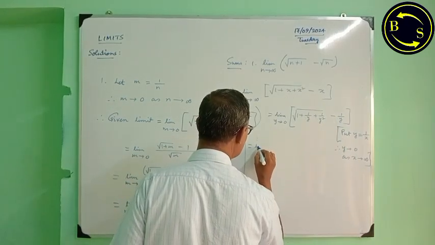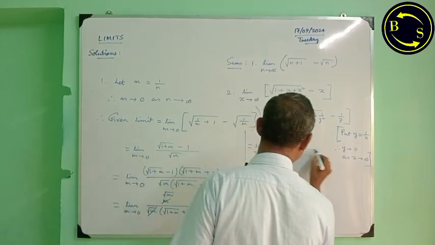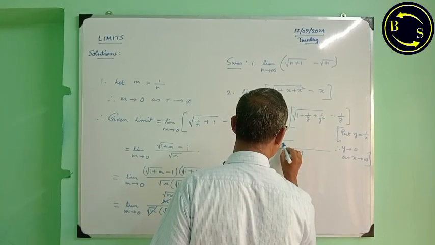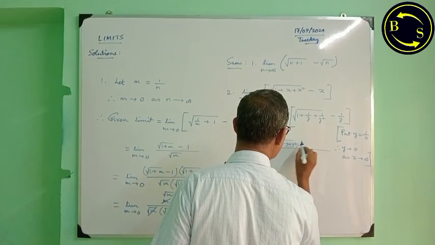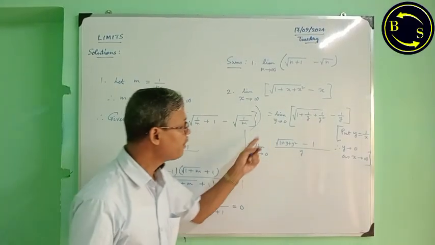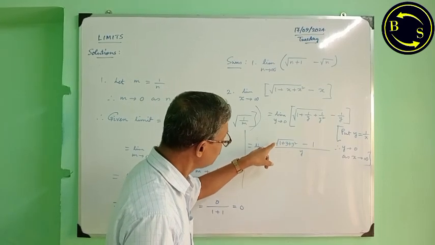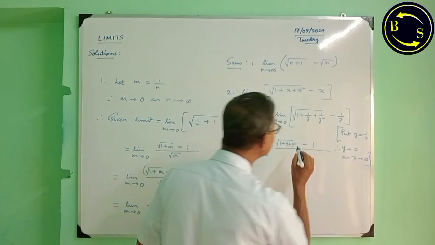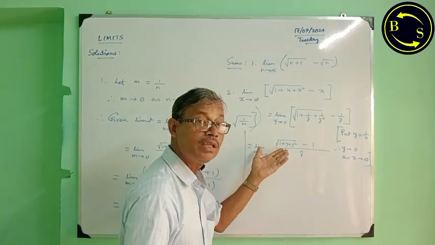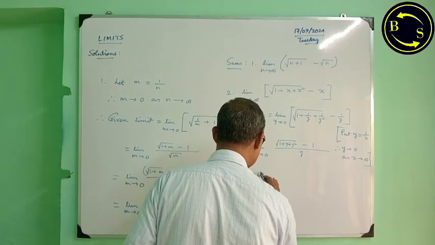Then we simplify. The simplified form will be this one. Numerator is root of 1 plus y minus 1. Now we find irrational at the numerator. We rationalize that.